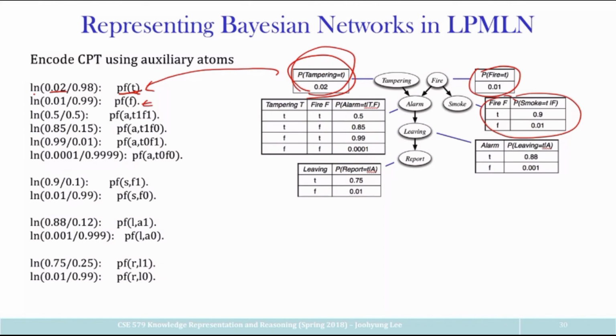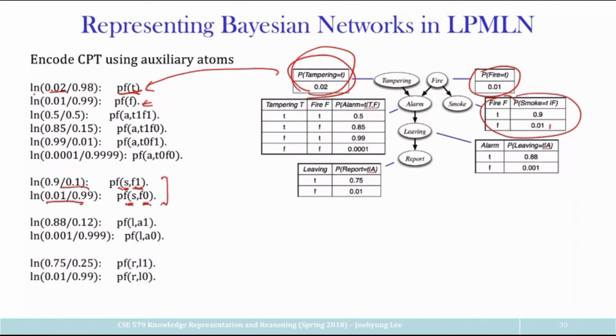When fire is true, what is the probability that smoke is true? That is represented by this. The convention I use, it doesn't have to be this way, is the probability of smoke when fire is true. F1 means fire is true. And the probability of smoke is true when fire is false. That's this probability. Are we together?